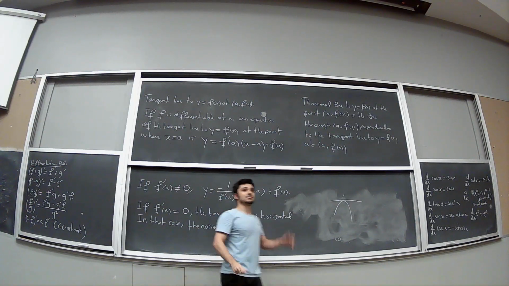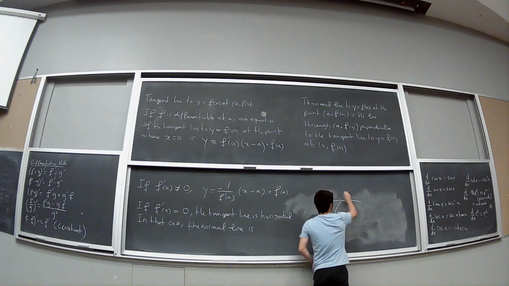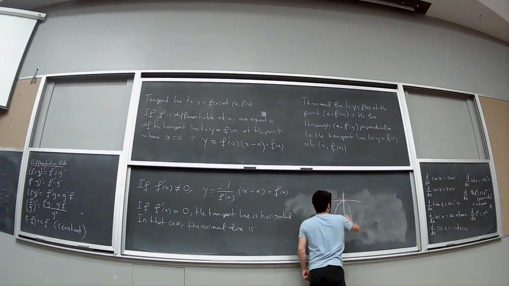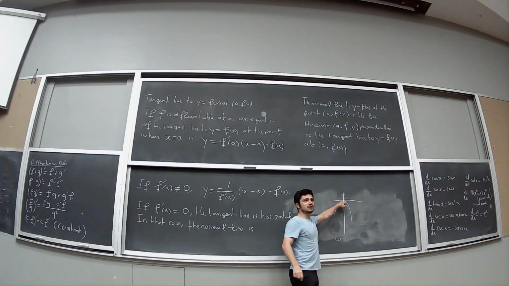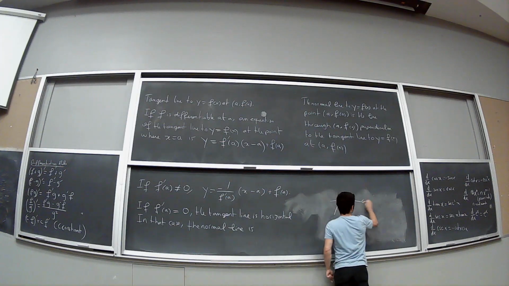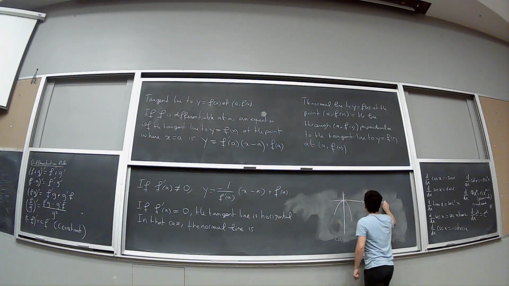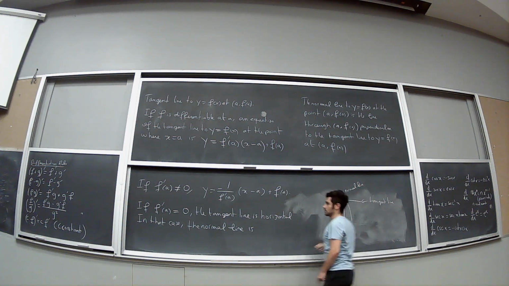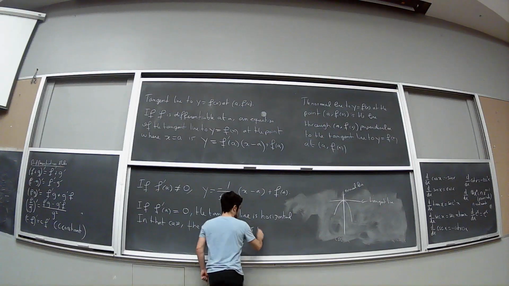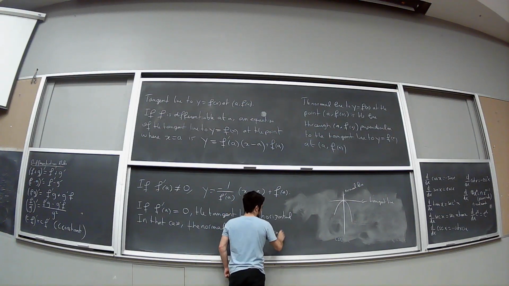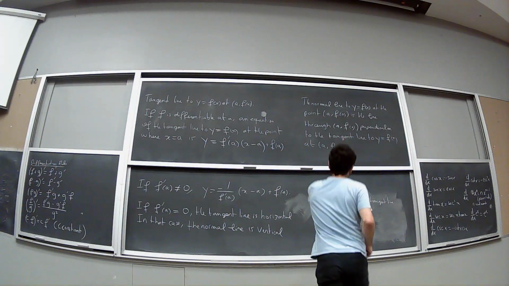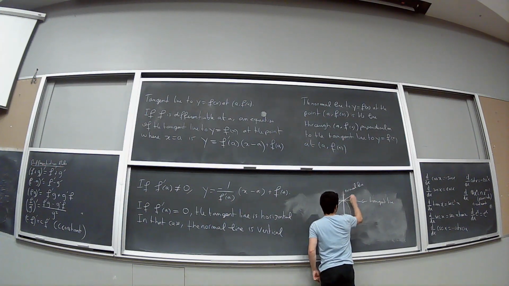This is the tangent line, and this is the normal line. So in that case, the normal line is vertical, right? What's perpendicular to horizontal? Vertical, right? Now I have f of a here. This is the point (a, f of a).